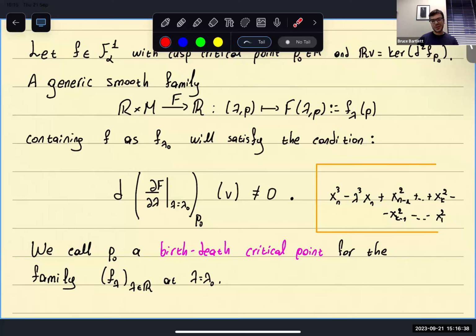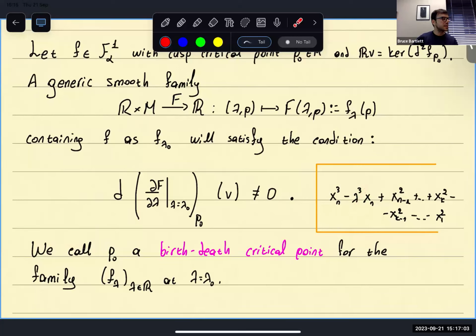So let me tell you an example of something I want to exclude. I want to exclude a family that looks like this. In this description I have a lambda cubed.